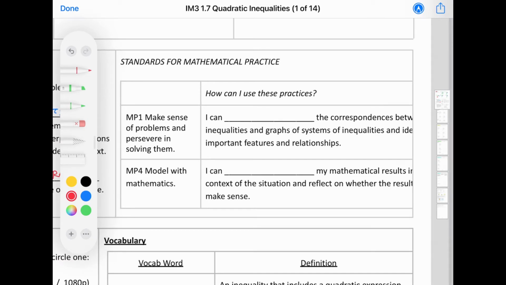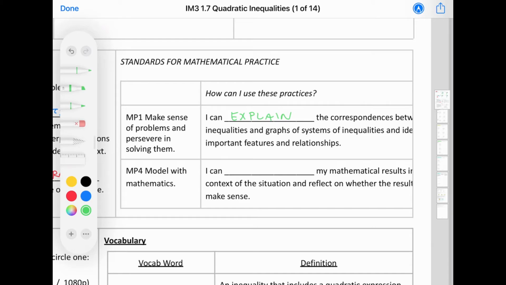Standards for mathematical practice. Math practice 1, make sense of math problems and persevere in them. I can explain the correspondences between inequalities and graphs of systems of inequalities and identify important features and relationships.